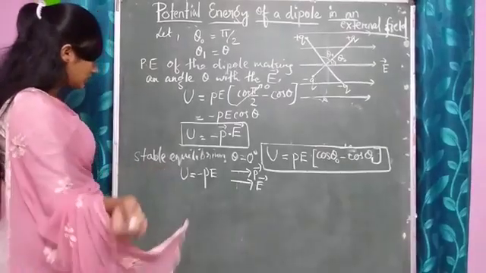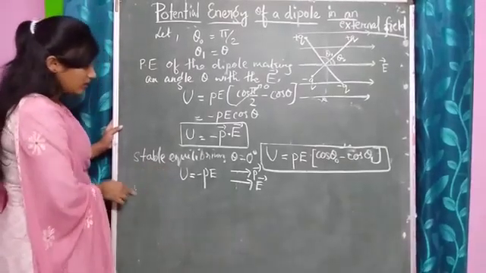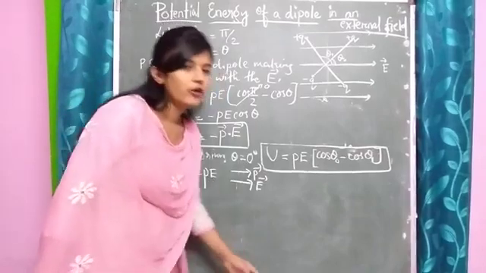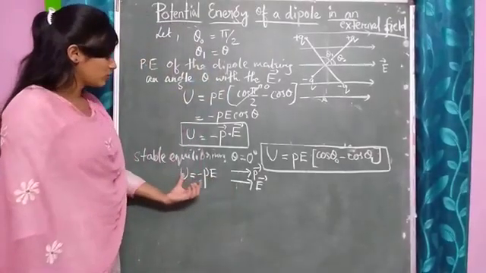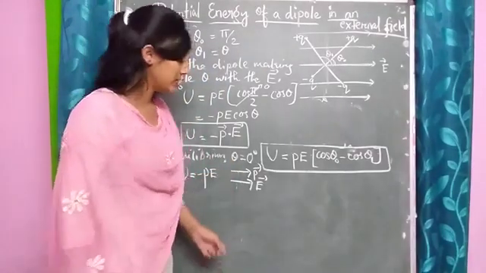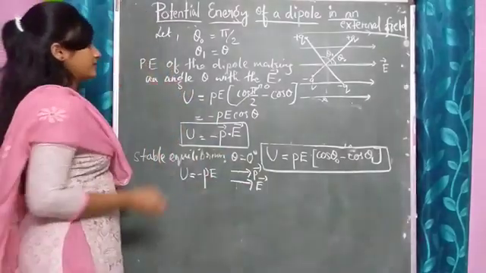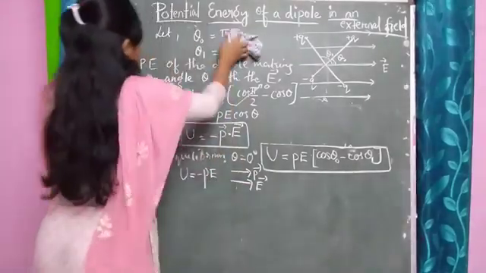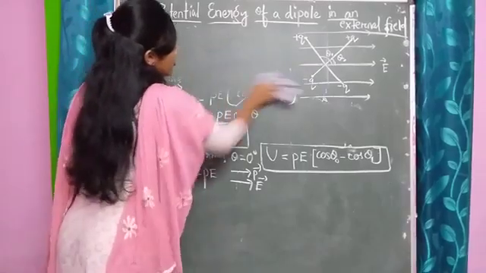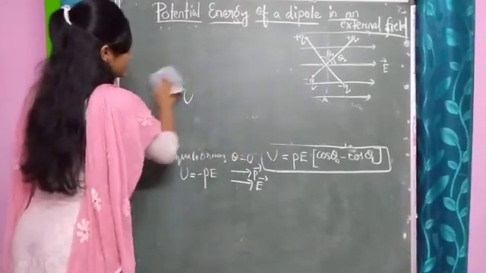And what is unstable equilibrium? Unstable equilibrium is when theta is equal to 180 degrees, that means when it is anti-parallel to the electric field.